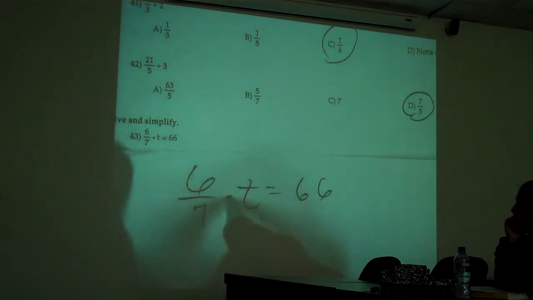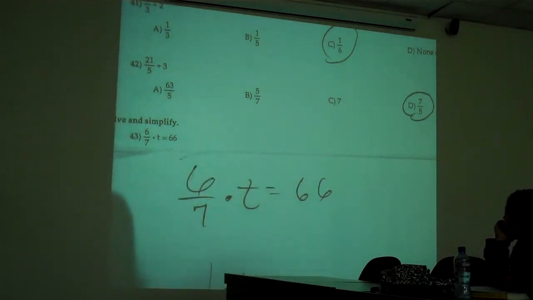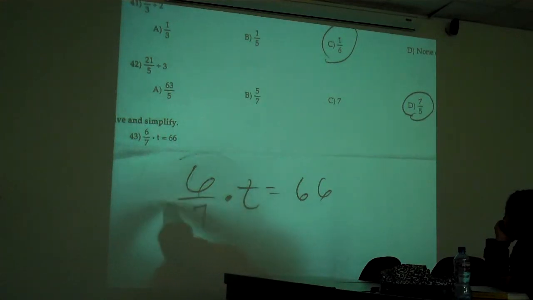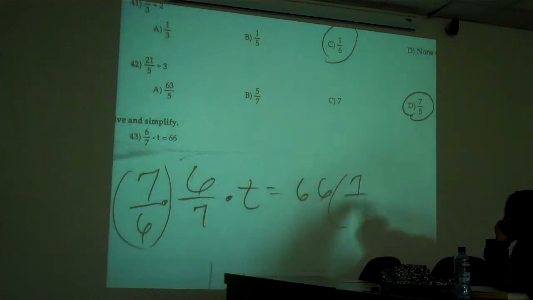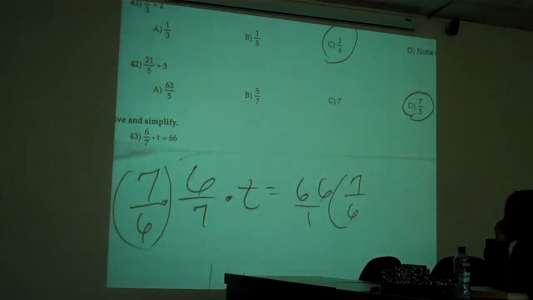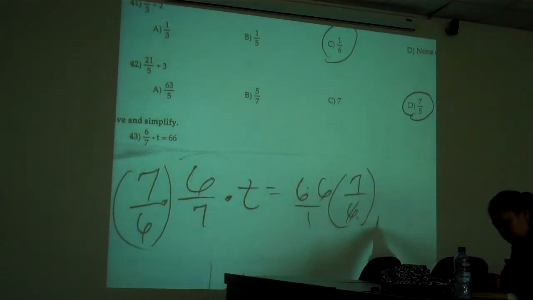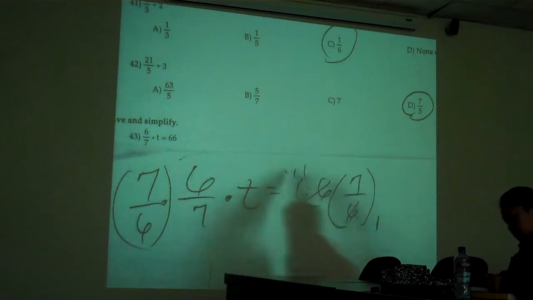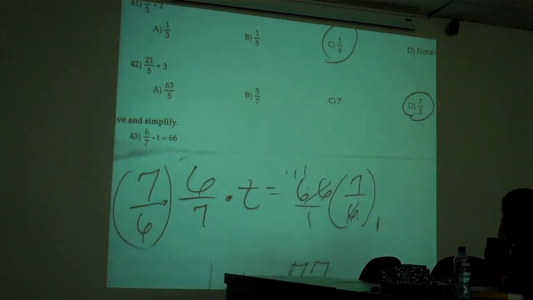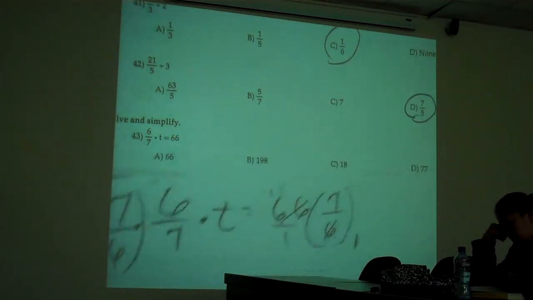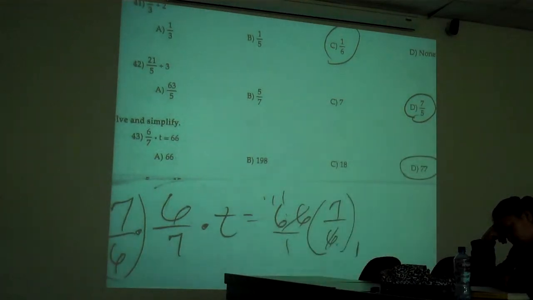So to get rid of this so that we have 1T, we multiply by the reciprocal to get 1. If we do it here, we have to do it to the other side, 7/6. Divide first, divide by 6, 1 and 11. 11 times 7 is 77. So T is 77, which is D.